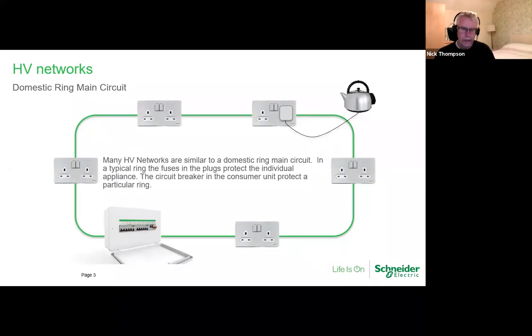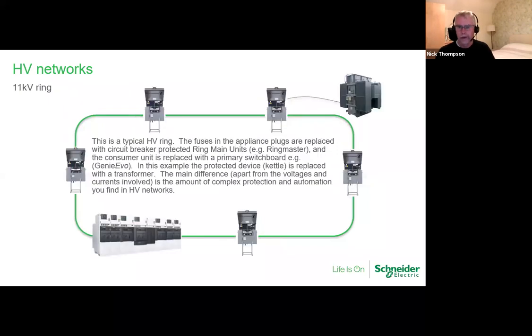Typically in domestic it's copper, but in HV it could be either copper or aluminium, depending on the standard specification, etc. Now, when we look at an HV network, we've still got the same kind of scenario. We've got our circuit breakers, but this time with HV or medium voltage circuit breakers, they are much bigger.